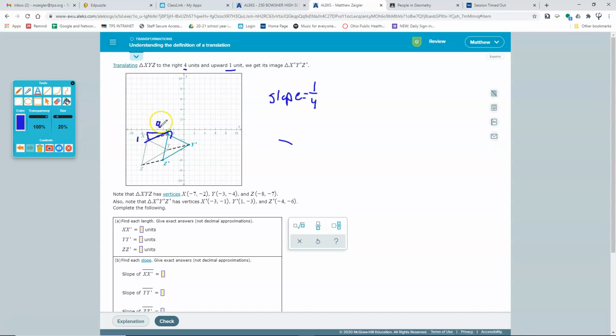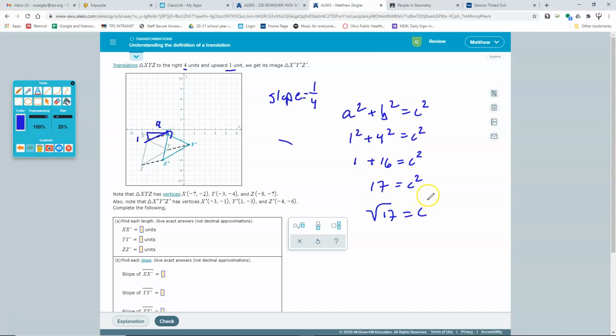So 1 and 4, so a squared plus b squared equals c squared. So that's 1 squared, 4 squared, c squared. That's 1 plus 16 is c squared. 17 equals c squared. Square root of 17 equals c. Okay. All right, so our slope is 1/4, and our distance is square root of 17, and it's the same for all of them.